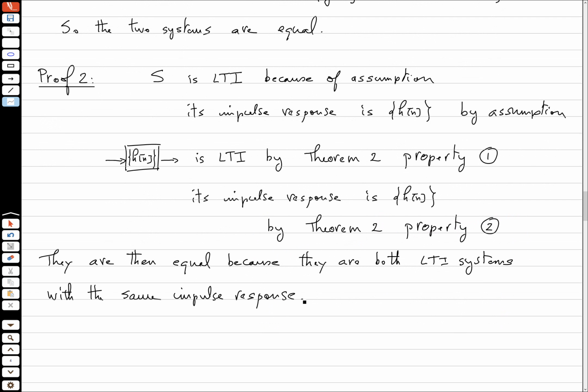All right, so on purpose I give you these two proofs because it's like to train your logical reasoning.